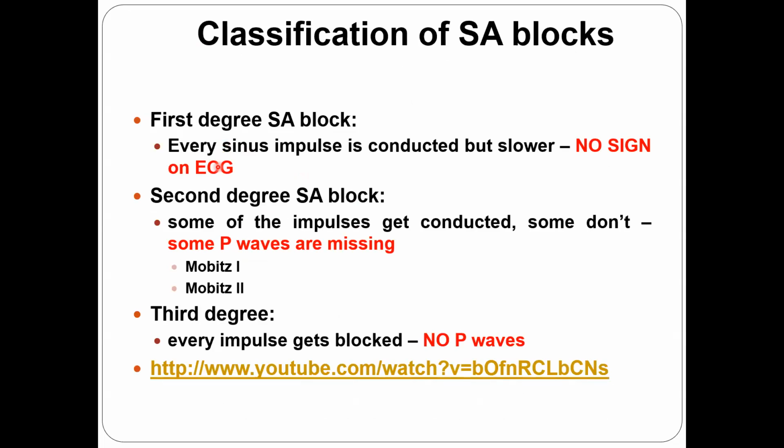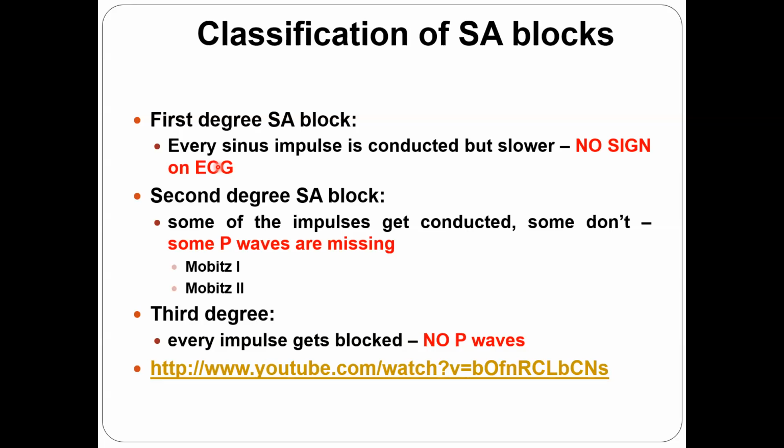First of all, you cannot recognize the first degree block, because first degree block means that the impulse is getting out, and it's getting out rhythmically, so there is no sign on a 12 lead ECG. If you had an esophageal ECG, you could detect when the SA node is activated and after how long the charge is propagated to the atrium, and that could be a very good clue.